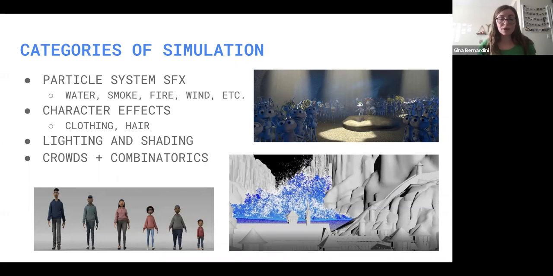And then another big one is crowds and combinatorics. So I'm going to talk about efficiency in a little bit, which is a big reason for simulation, but that's the main reason behind crowds and combinatorics. So crowd scenes are very taxing on animators. So you can do combinations of animations to put together, and the computer will do it for you. Same thing goes for modeling.